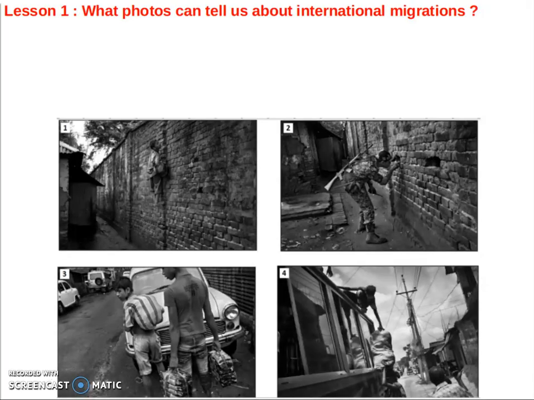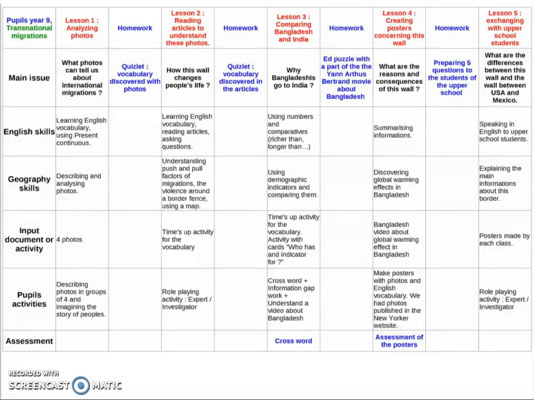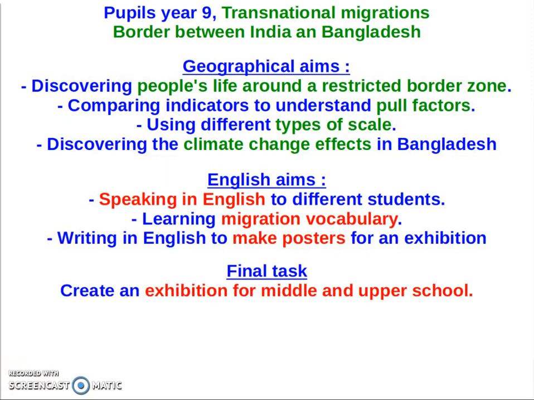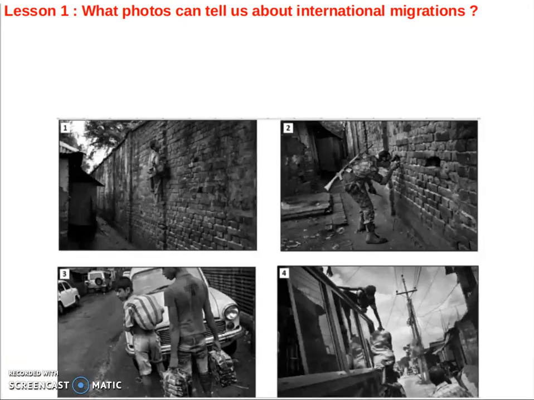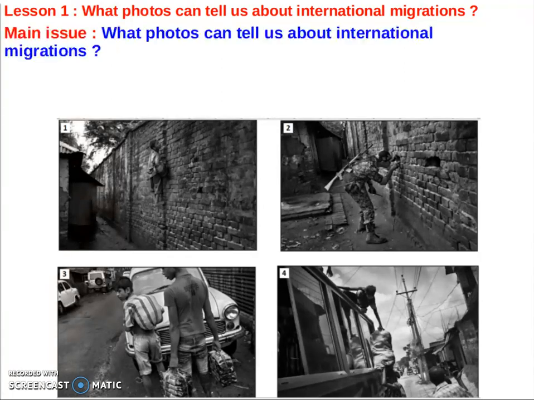Well, first I want my lesson plan to last for 5 or 6 hours. First, I use an input document. I want them to describe photos to understand how people live around a wall.